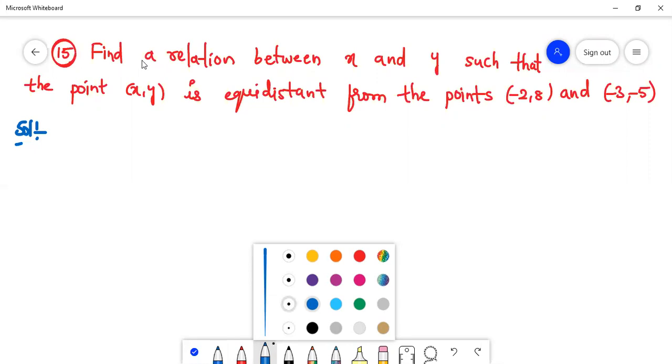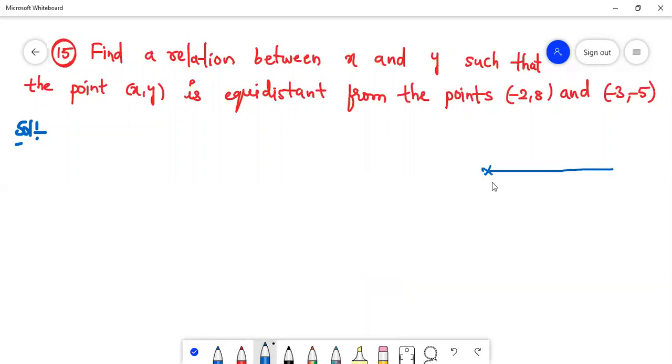Solution 15th one. Find a relation between x and y such that the point (x, y) is equidistant from the points (-2, 8) and (-3, -5). Suppose we are taking a point on the line in coordinate geometry, P is a point (x, y).